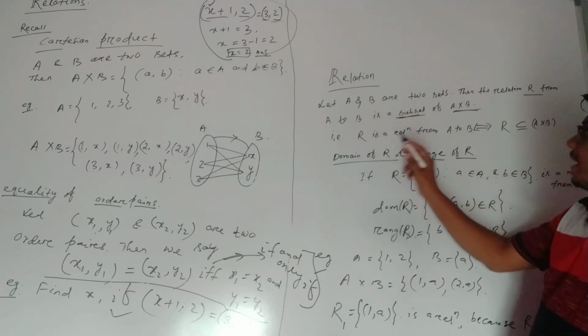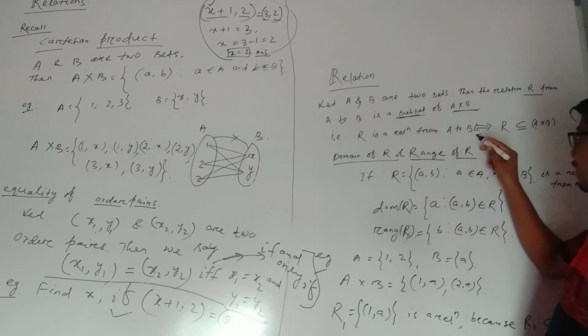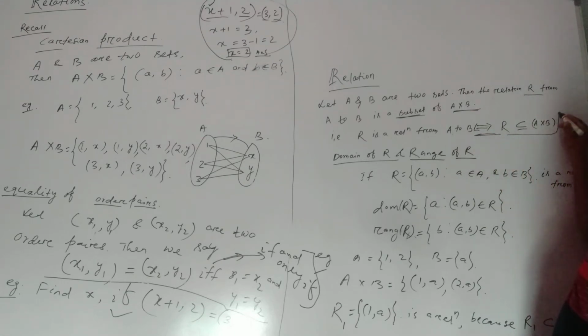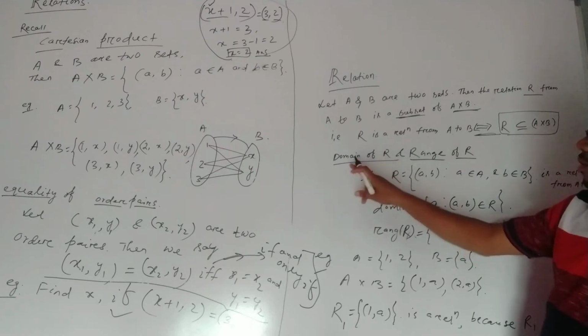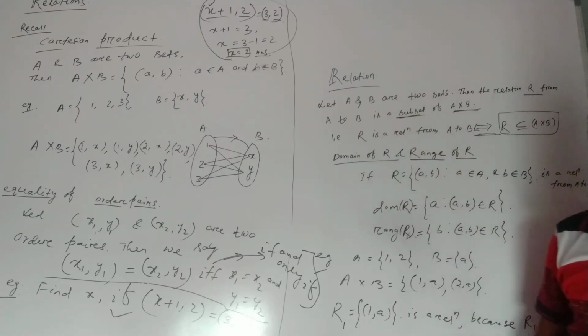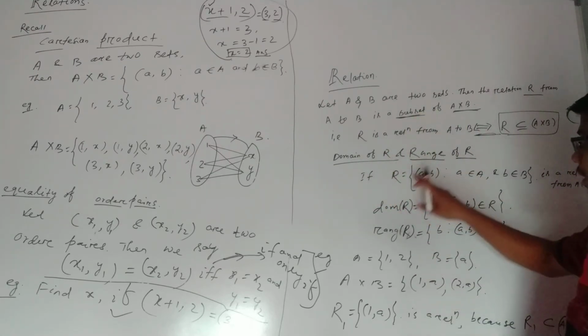That means R is a relation from A to B if and only if R is a subset of A cross B. Now, what is the domain of a relation? Domain of a relation and range of a relation.